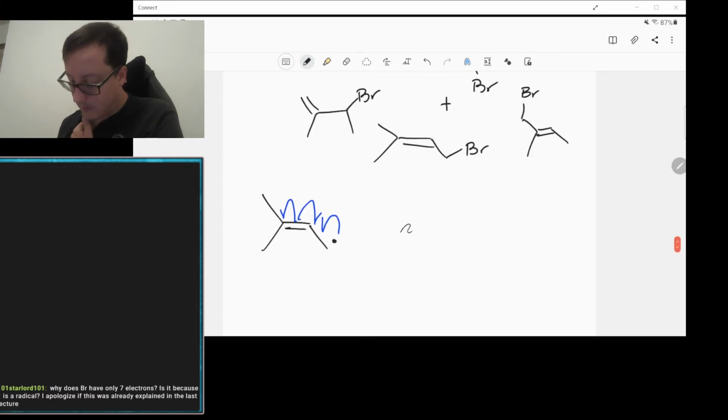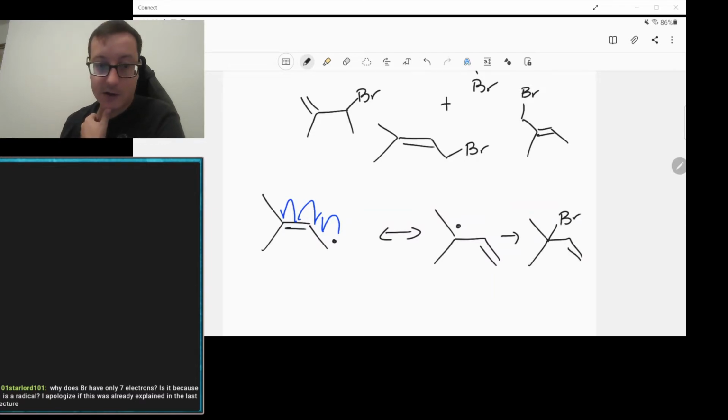If we resonate this, we now have this, and then now our bromine is going to come in, and now we're going to have it over there. So now it's on this one. So this is an additional product. So depending on where you make your radical, it can resonate, and so you may end up with more.